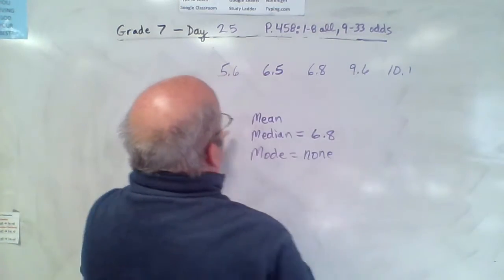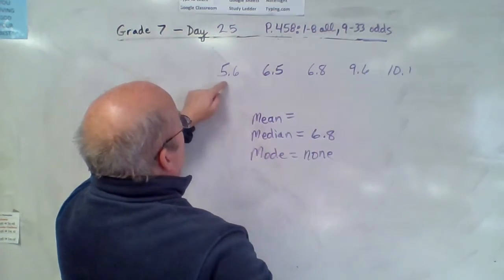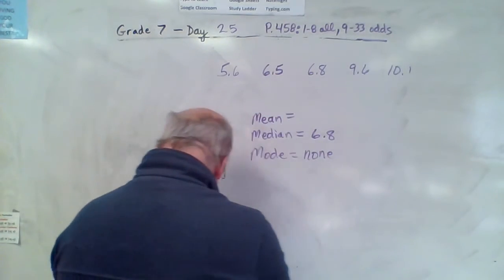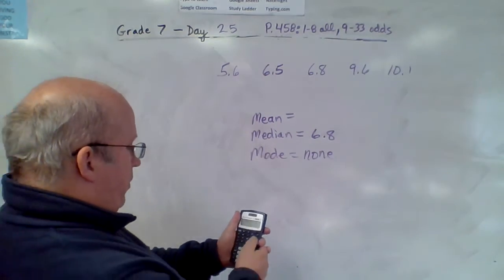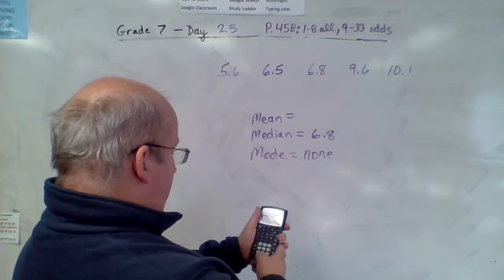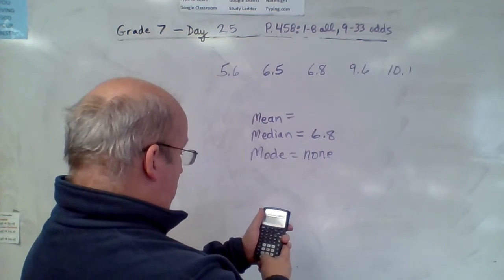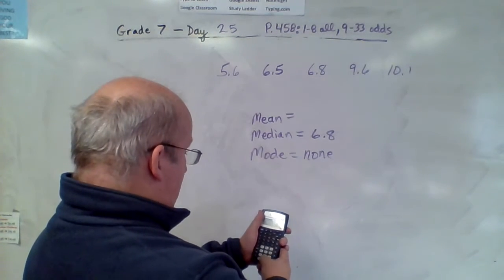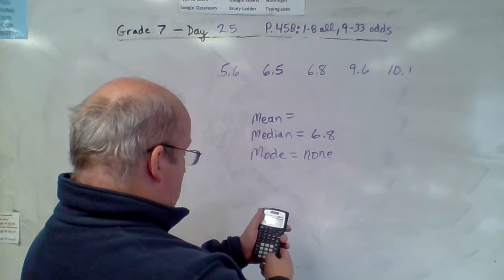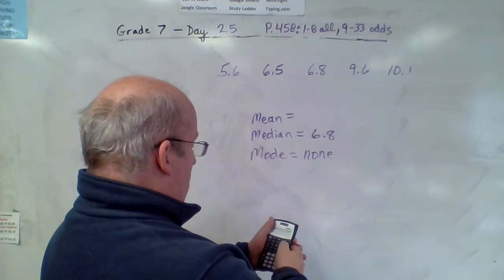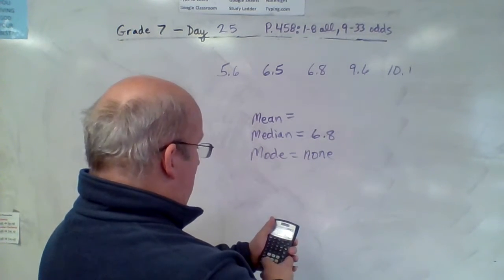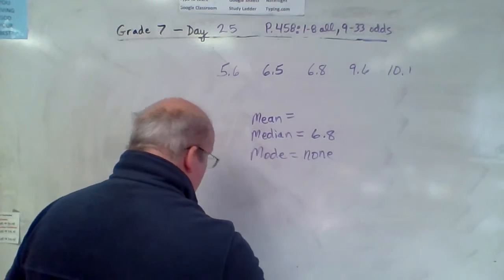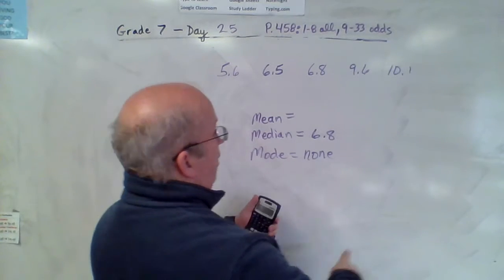How do we find the mean? Well, that means adding up all of these numbers, right? So I'm going to grab the calculator. Clear it off. 5.6 plus 6.5 plus 6.8 plus 9.6 plus 10.1 equals, I get 38.6.